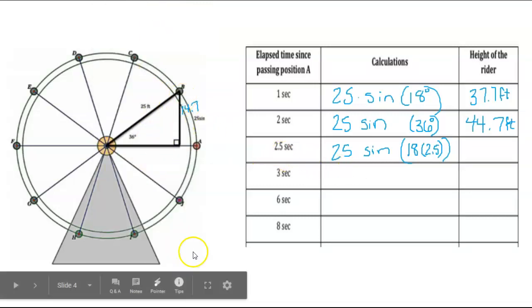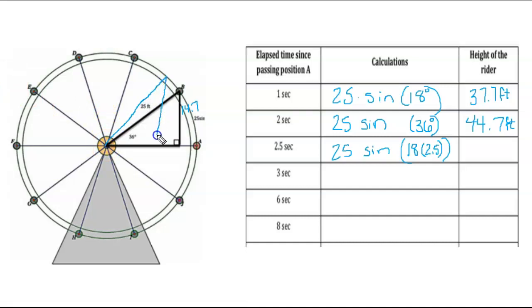Now that is a height above 30. It's going to be somewhere up here, a little past this one. And so that's going to give us a 17.7. Add that to the 30, and we get 47.7.